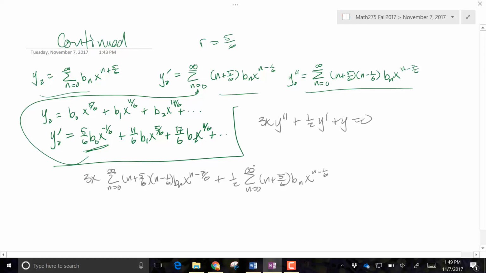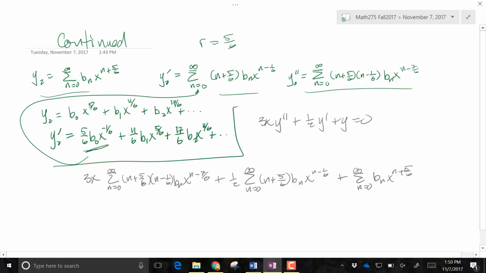Same index starting at 0 to infinity. And then our last one, b sub n, x to the n plus 5/6.